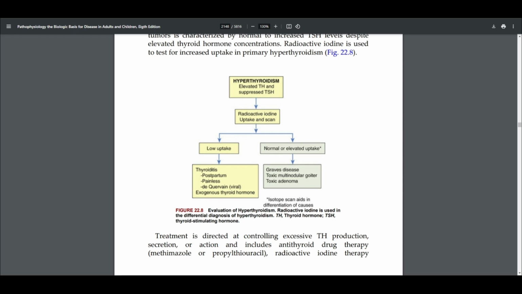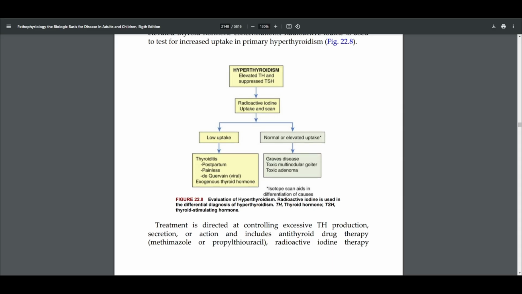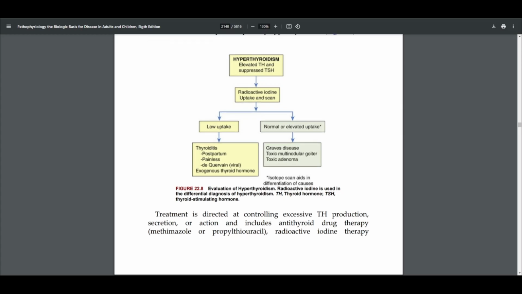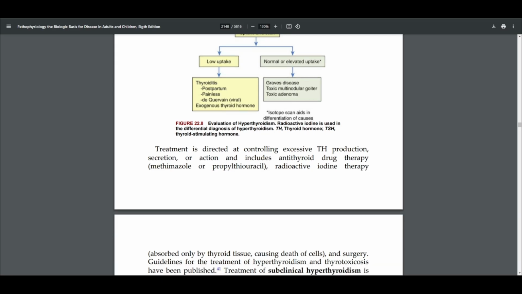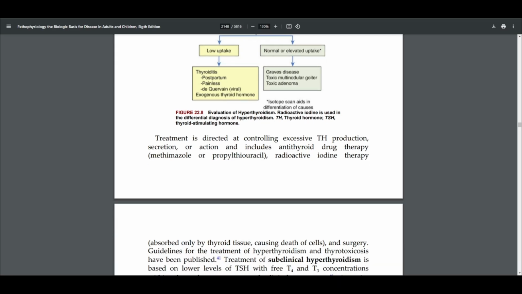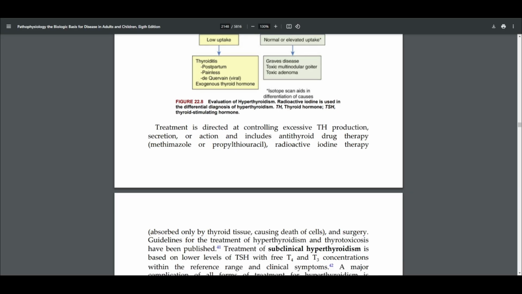Treatment is directed at controlling excessive TH production, secretion, or action, and includes antithyroid drug therapy, methimazole or propylthiouracil; radioactive iodine therapy, absorbed only by the thyroid tissue, causing death of the cells; and surgery.